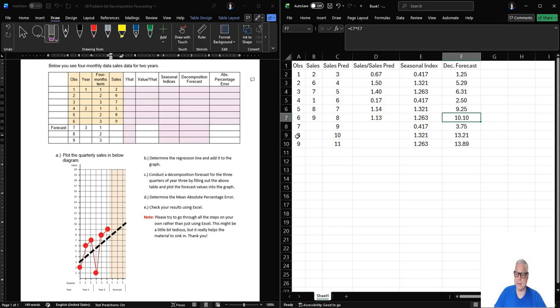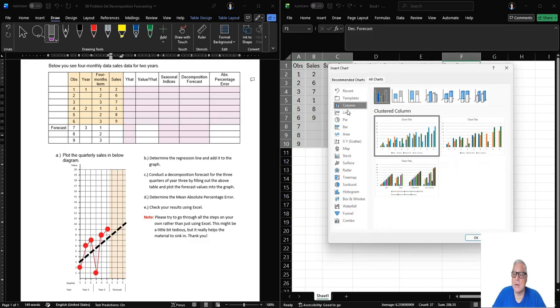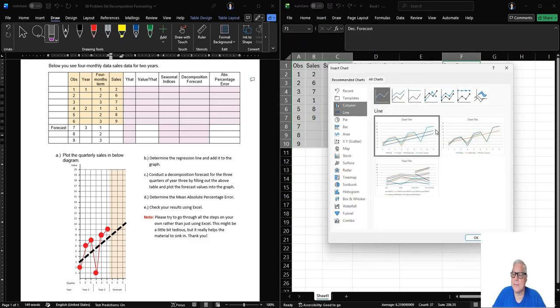So let's make a nice graph where we have the observations on the x-axis, maybe the actual sales, maybe the trend line. We don't want to display the ratio of sales to sales predicted and the seasonal index, but definitely the decomposition forecast. So let's insert recommended chart, all charts, line.